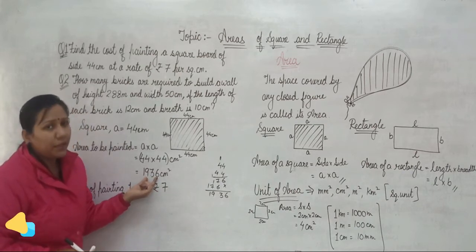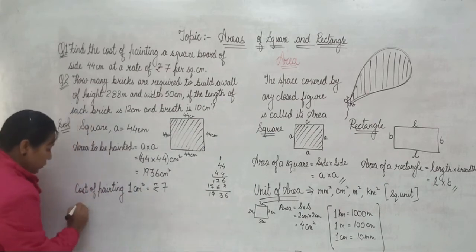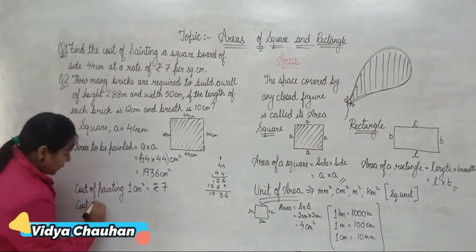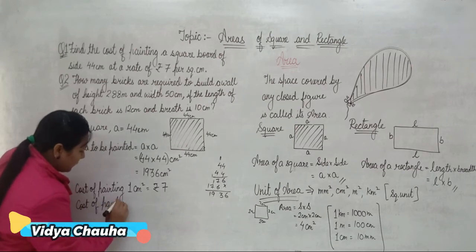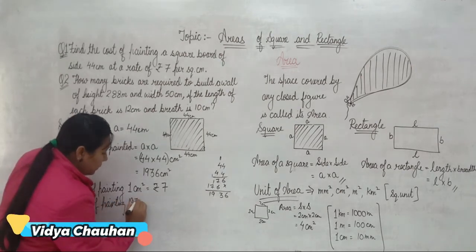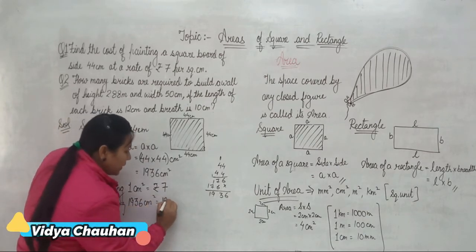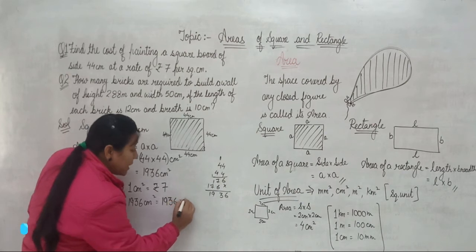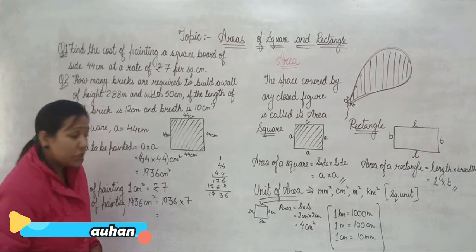We want it to be painted for 1936 centimeter square. So now the cost of painting 1936 centimeter square is equal to 1936 multiplied by 7. That is the cost per centimeter square.